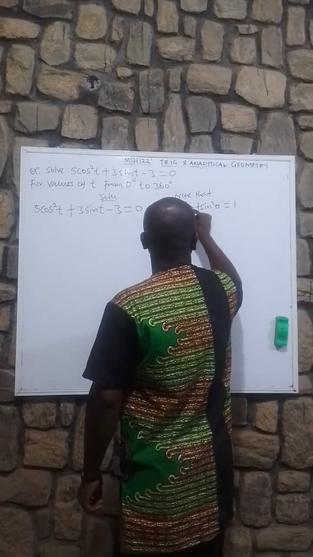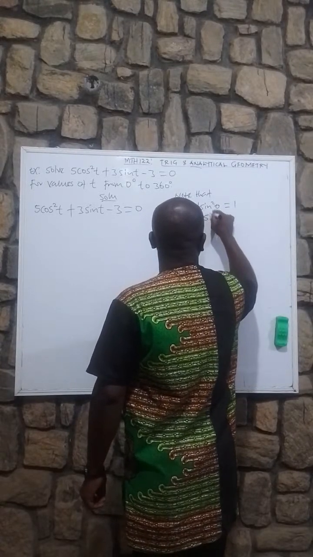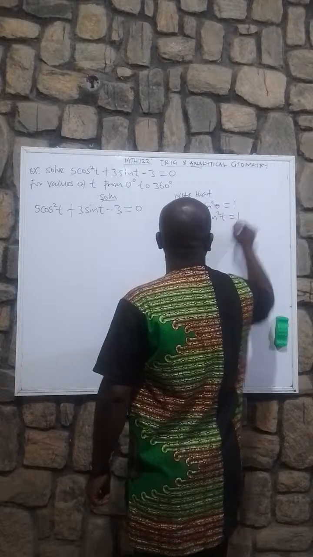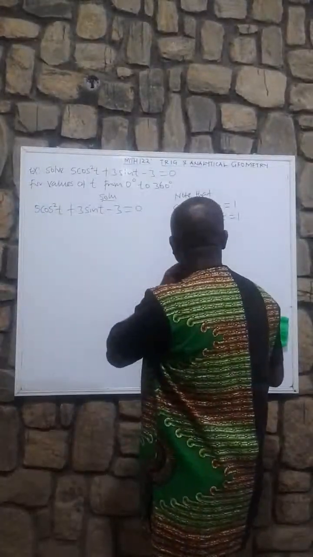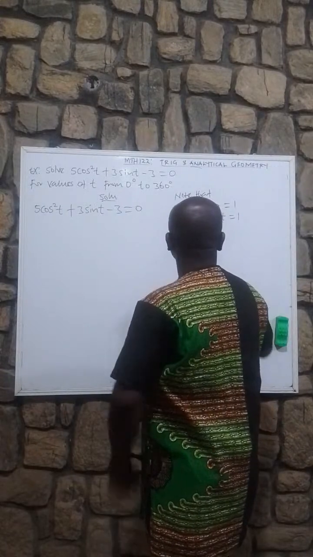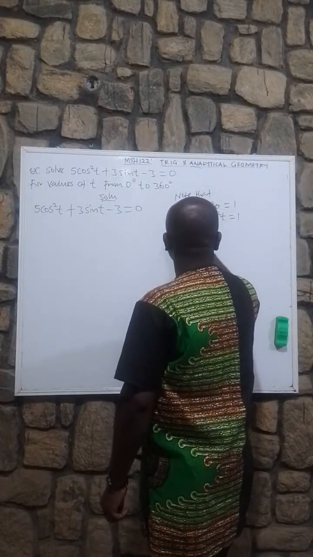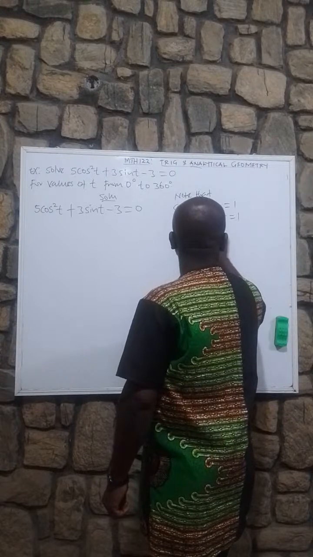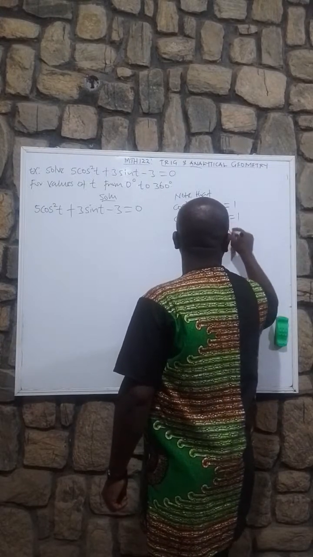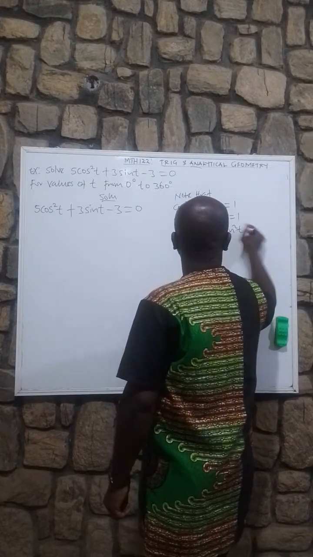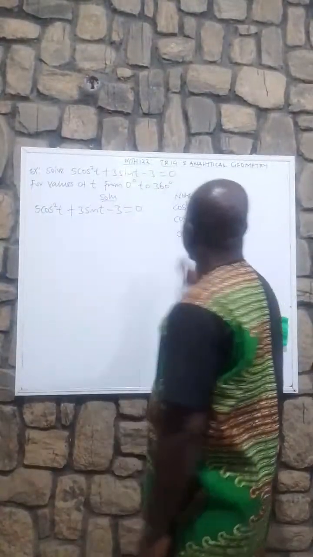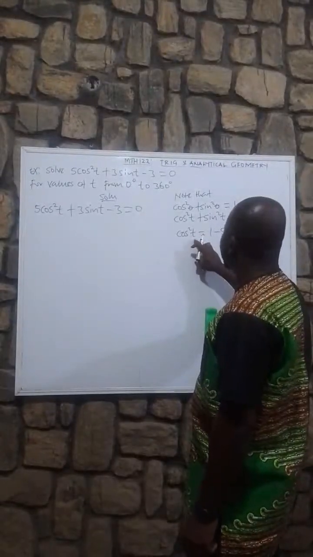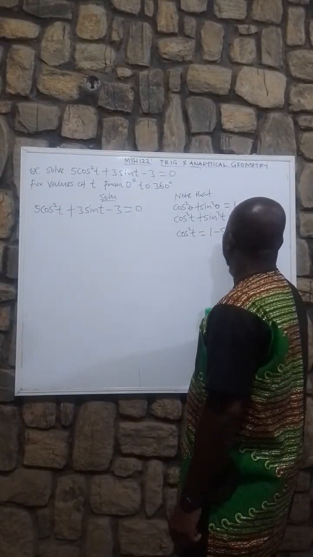So cos square t plus sine square t is equal to 1, right? This implies that cos square t is equal to 1 minus sine square t. True or false? It's true, right?